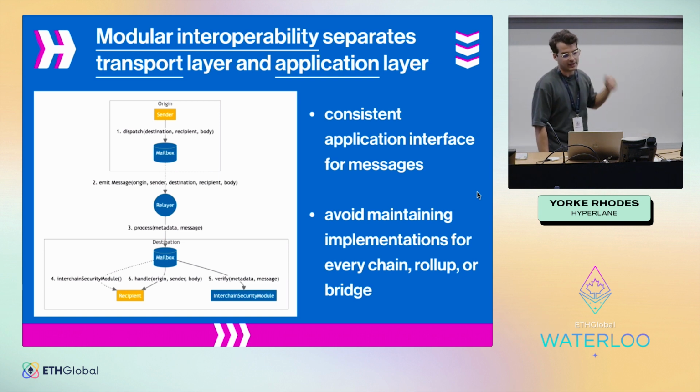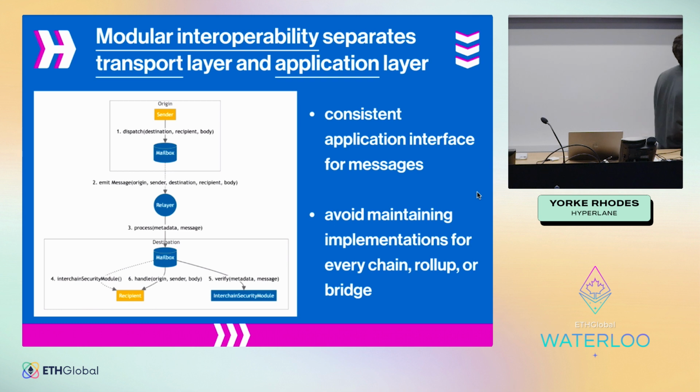And so as an application developer, all you need to understand is this dispatch interface and this handle interface. I can walk through the life cycle here, but your smart contracts or your EOA for that matter can call into this interface called dispatch, which specifies the destination blockchain via a chain ID, a recipient address on that destination chain, and an arbitrary body of raw bytes.